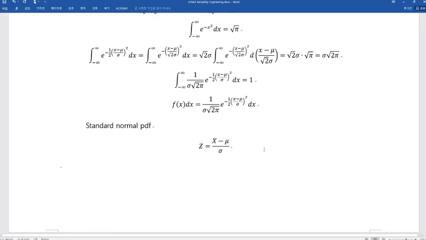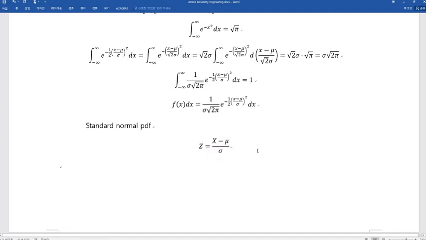so by transforming any normal distribution, for any normal distribution, if we subtract the mean value and divide it by the standard deviation, then the distribution is now transformed into the standard normal distribution.